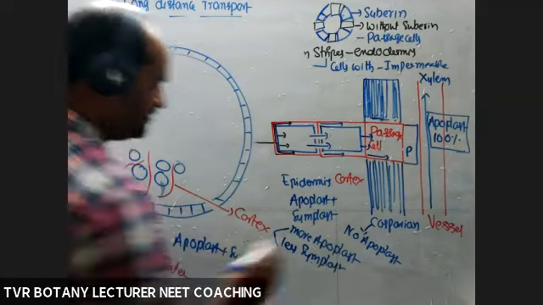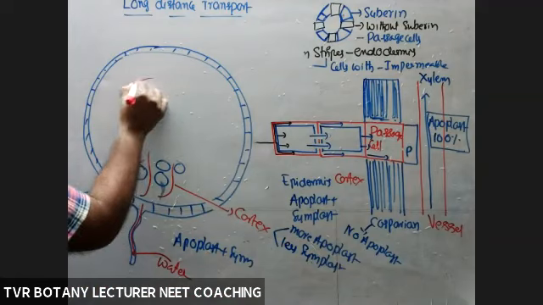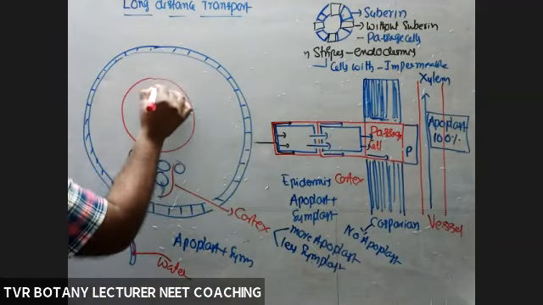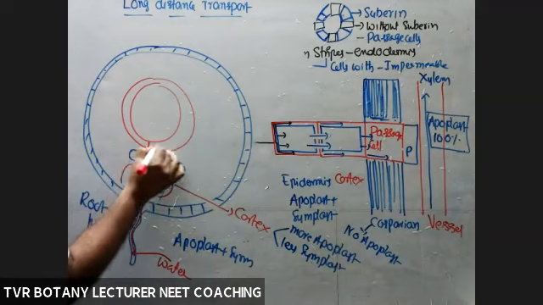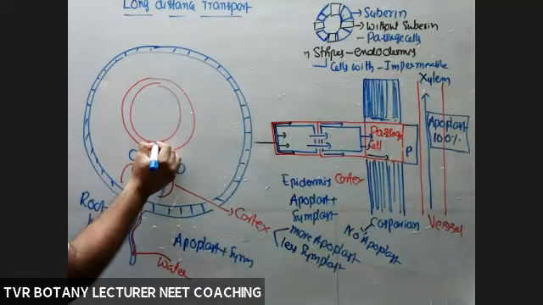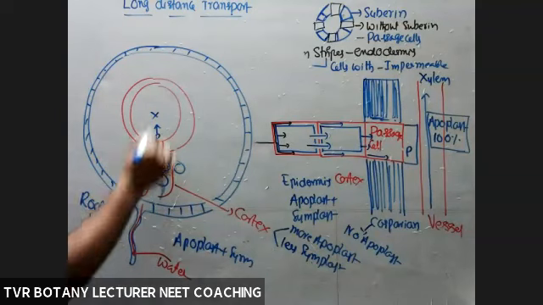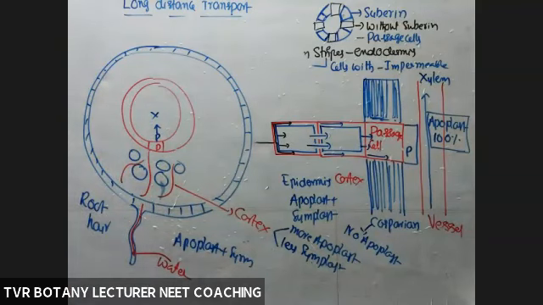Less symplast. Next, for example, this is the endodermis. Endodermal part. Here is the passage cell. From there, water goes into the pericycle and finally into the xylem. So that's about the direction of movement of water from soil to the so-called xylem.